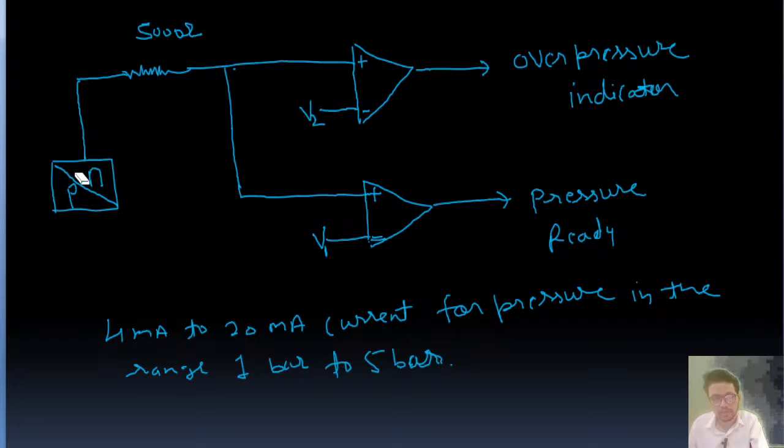R is the resistance of the pressure transducer and the vessel. So is it 5,000 or 500? Let me just check.